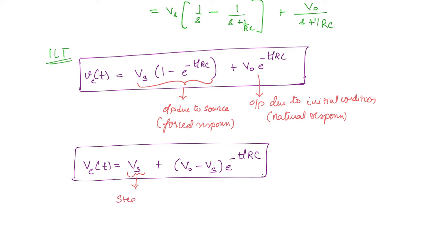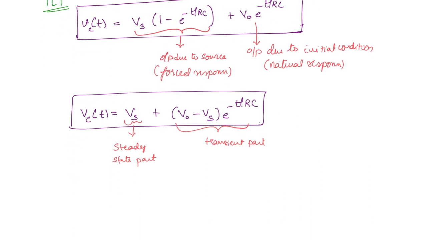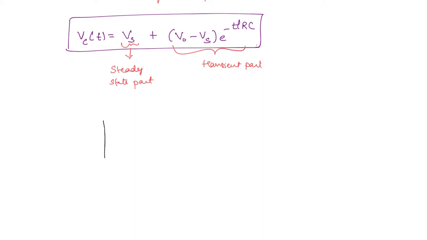Here, this is the steady state part, that means it will remain even after the transient part dies. This is the transient part, and this will die out with time. This output, if you plot, you are going to get, this is the time axis and this is the voltage Vc(t). Okay.